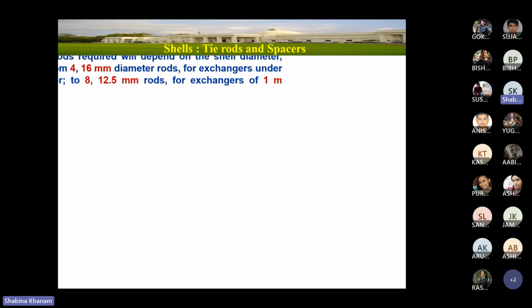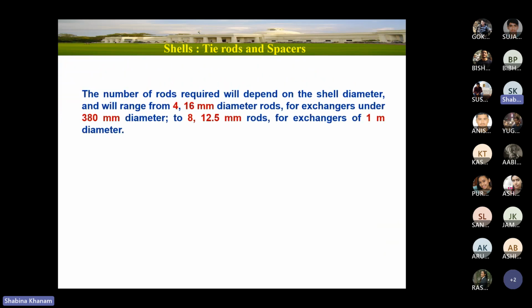Other parameters in the shell: we have the tie rods. The number of rods required will depend on the shell diameter and will range from four rods of 16 diameter.